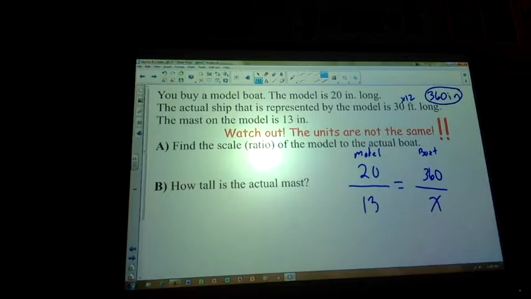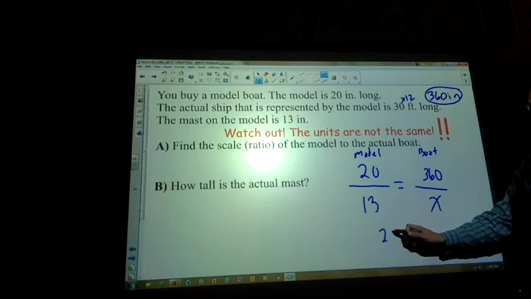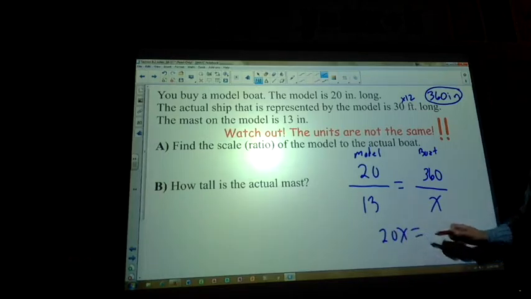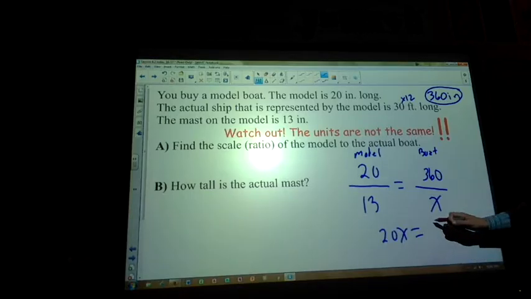What units will my answer be in right now? Inches. Okay? 20x, thank you. And 360 times 13? 4,680, thank you.